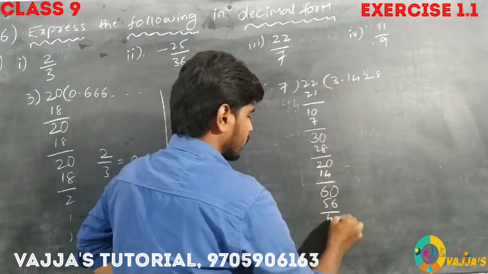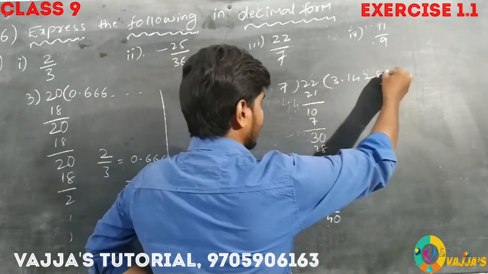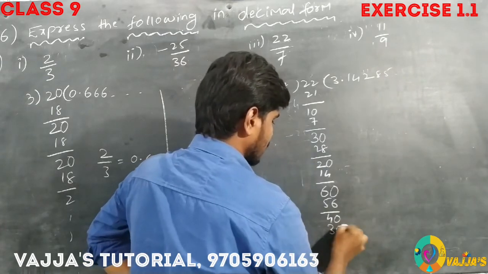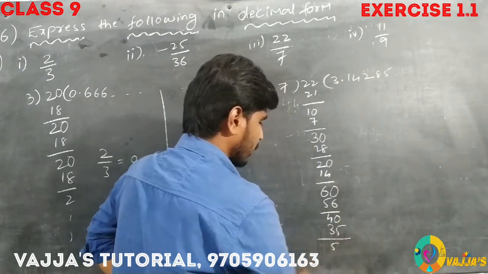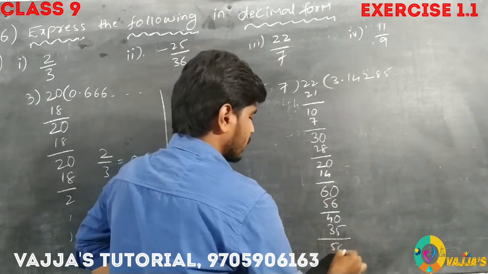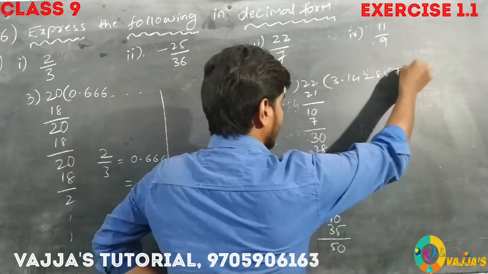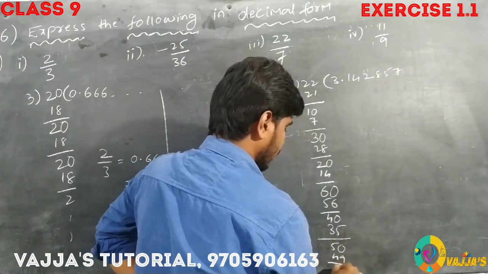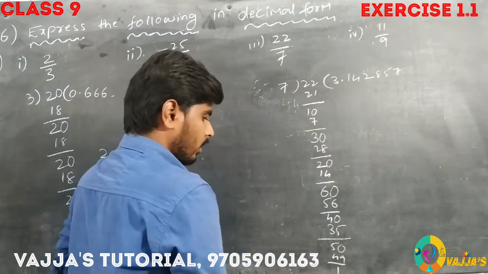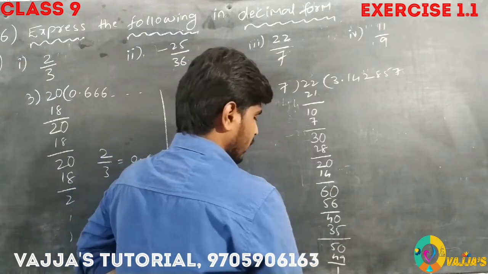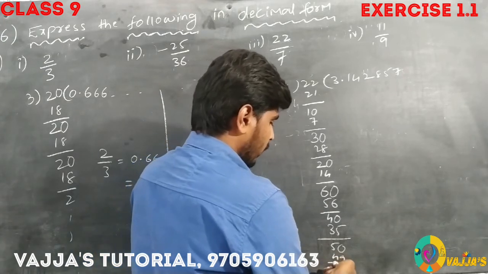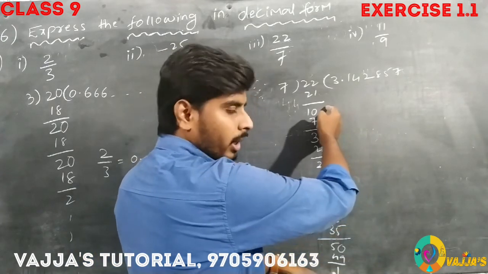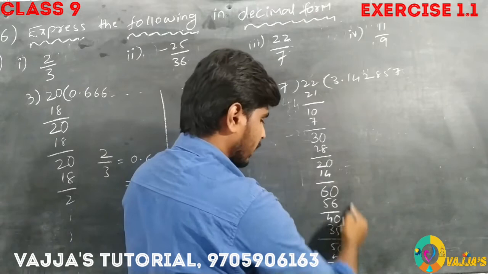Take again 0, and 7 5s are 35. 5 is the remainder, take 0 here. 7 7s are 49. Remainder is 1. Again look here, it is 1, and we are back to 1 again. So this will be repeating again here.